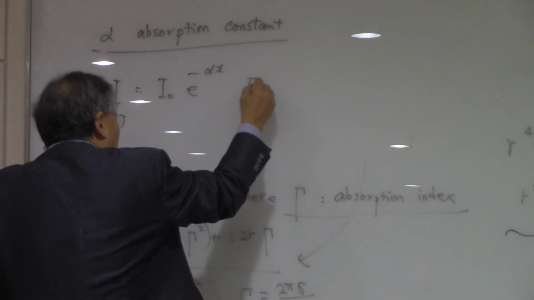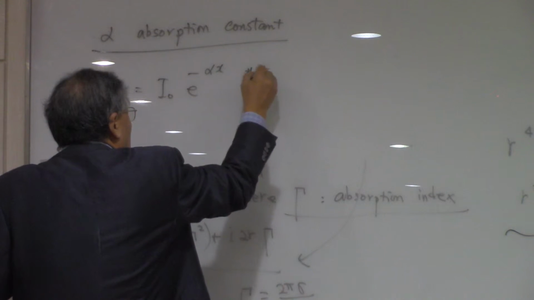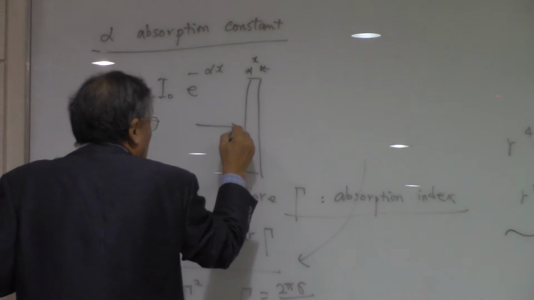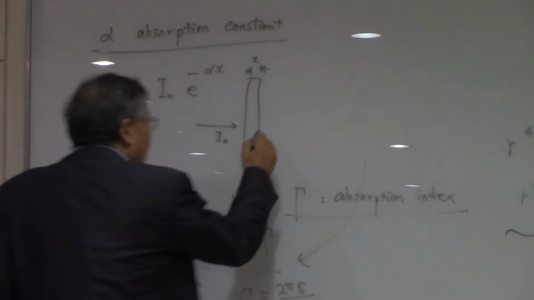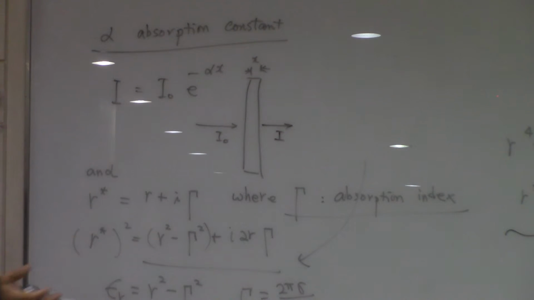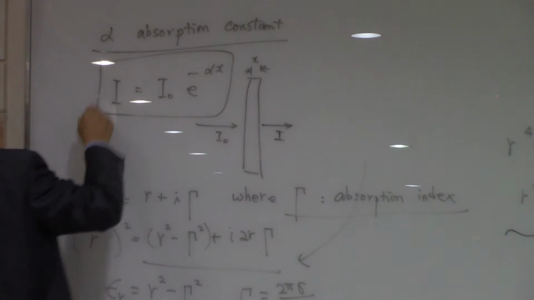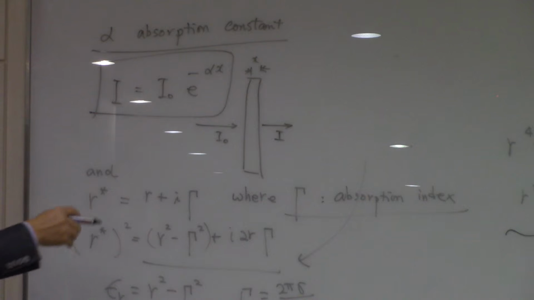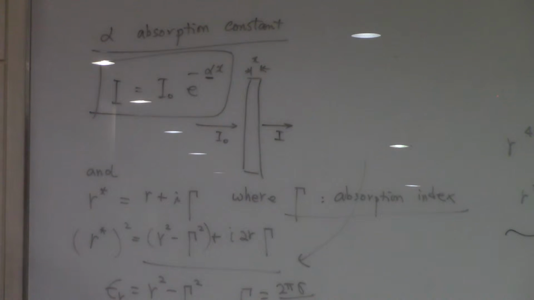In other words, if you have a material with a thickness x, and then the incident beam intensity, and you measure the outcoming light beam intensity, then you can equate that into this form, and that alpha is going to be called the absorption constant.